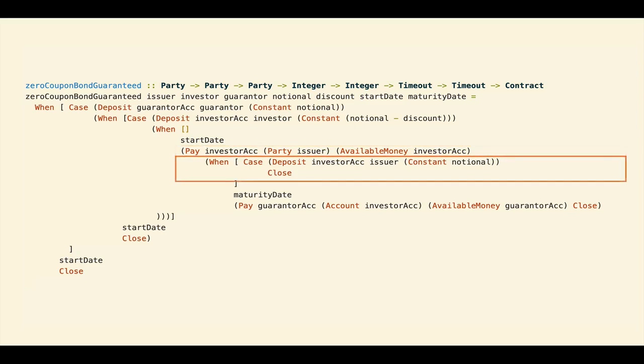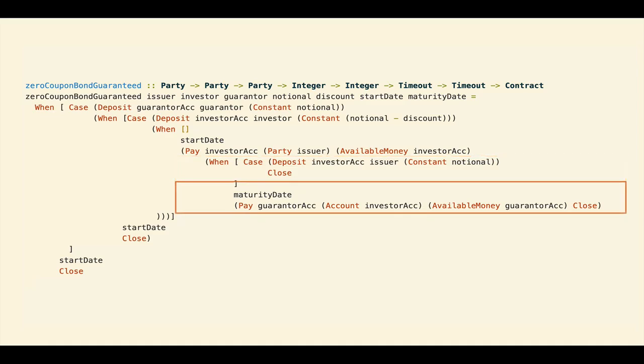And then we wait. We wait for the issuer to deposit the notional amount, the full amount, into the investor account. And then when that has happened, we close. And here we wait until maturity date.